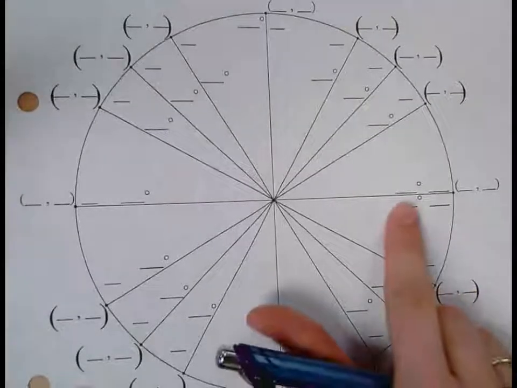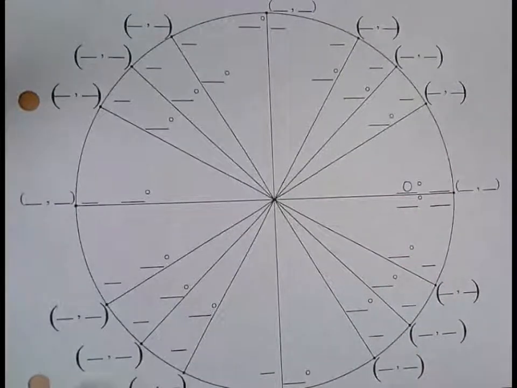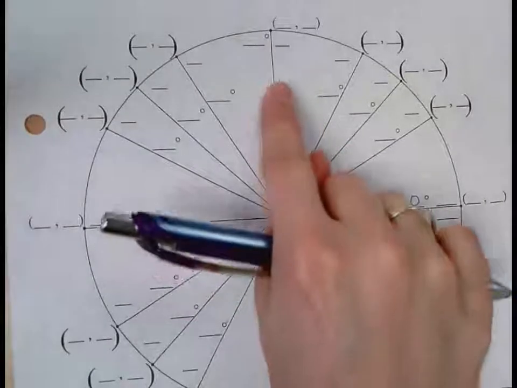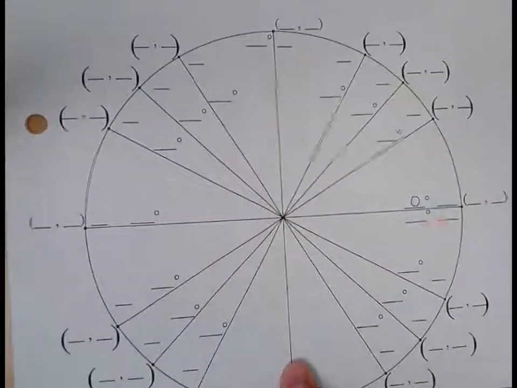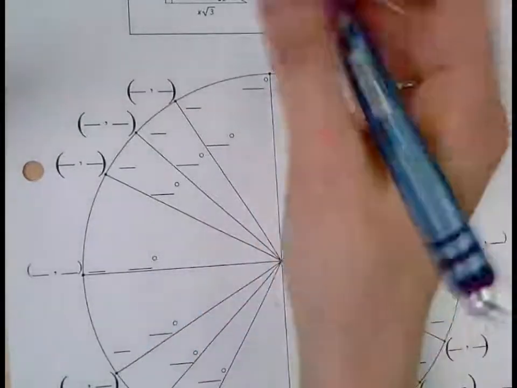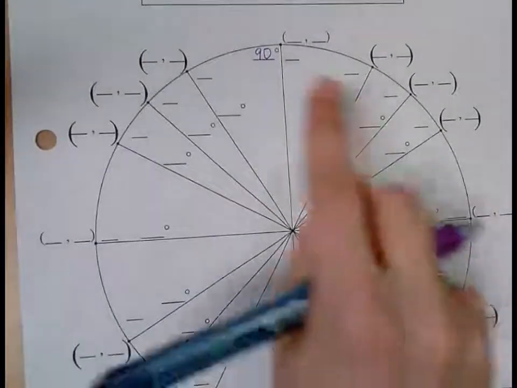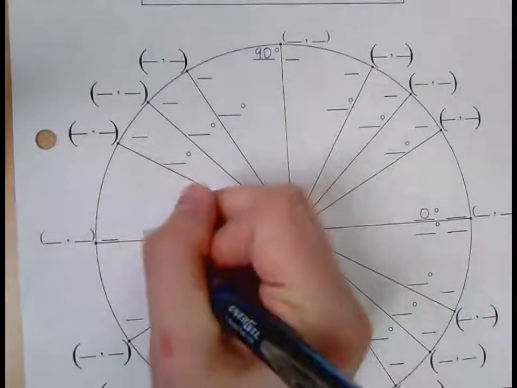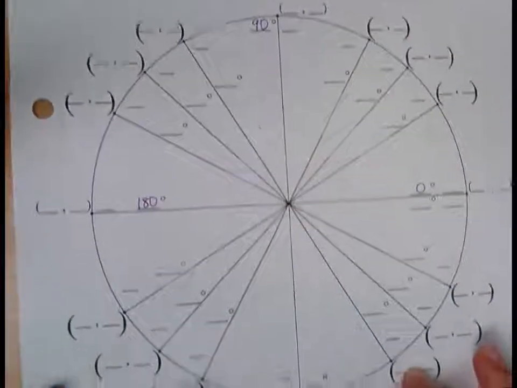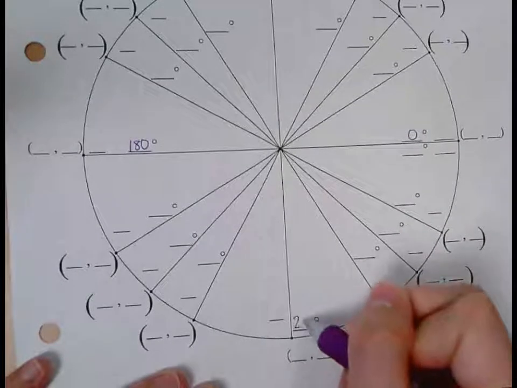So starting out, I know this angle here is an angle of 0 degrees. And then I'm going to fill in the quadrantal angles first. So this is 0. I know this angle is 90. Halfway around the circle is 180. 3/4 of the way around is 270.